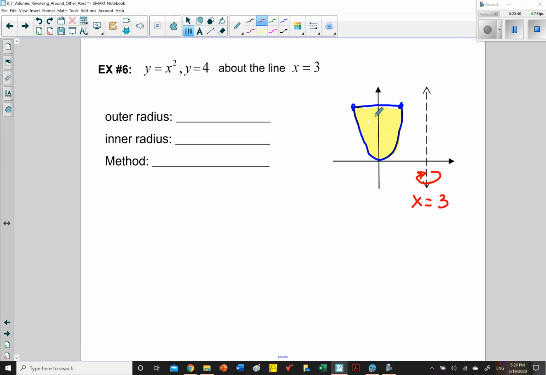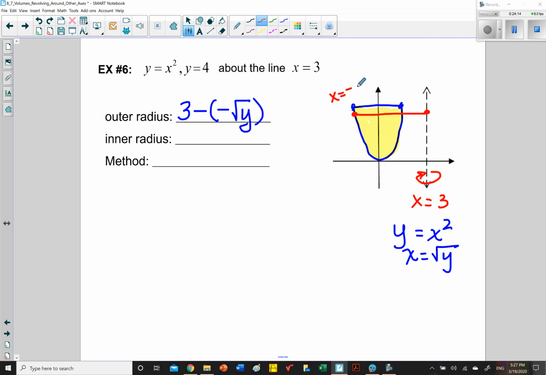And we want to do, let's see, the outer radius is going to be 3 minus negative square root of y, because I'm solving this. If y is x squared, then x is the square root of y. So I'm thinking about it this way. I've got the outer radius from 3, right-hand side, all the way over to there, because this piece of the graph is the negative square root of y.